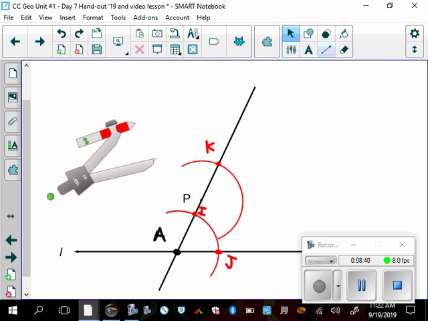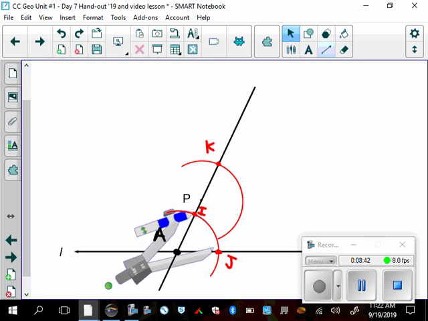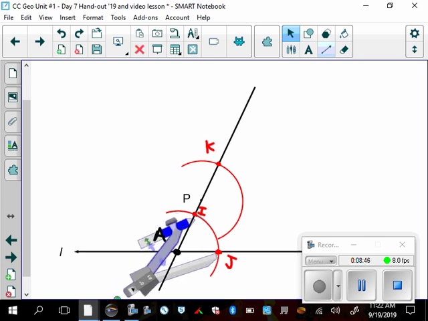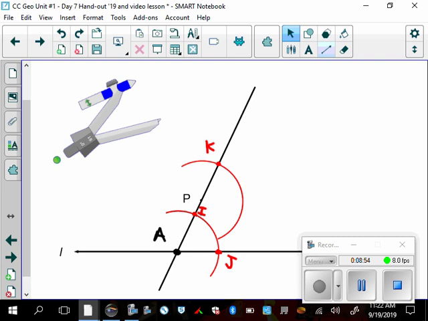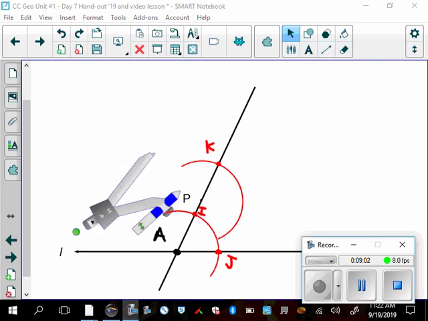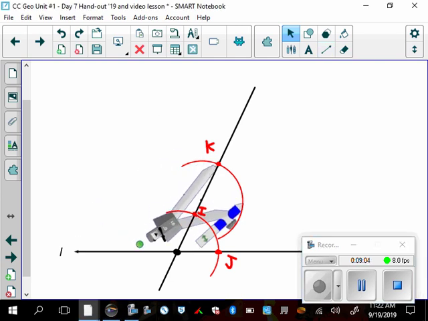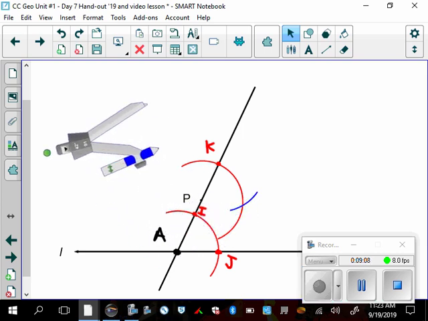So now I'm going to take my compass, and I'm going to measure the distance between I and J. Sometimes this works out perfectly. Other times it does not. And I want to anchor my compass on K. Make that arc right there.